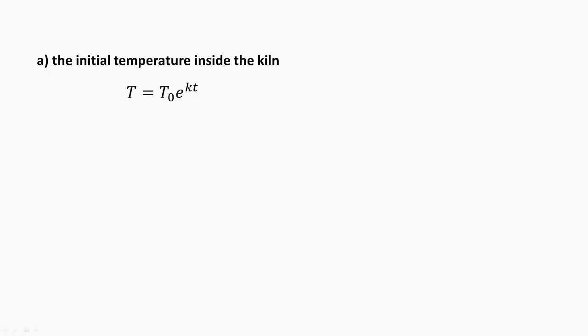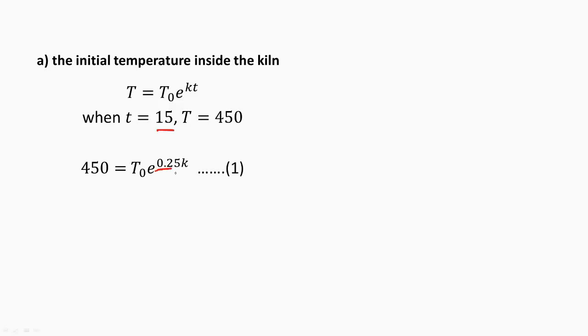So in this situation we're trying to find the initial temperature first. There's our equation. The first piece of information tells us when time equals 15 minutes, T equals 450. Notice I convert my 15 minutes into 1/4 of an hour, so I'm going to have time in hours. So 450 equals the initial temperature, e to the 1/4 k.